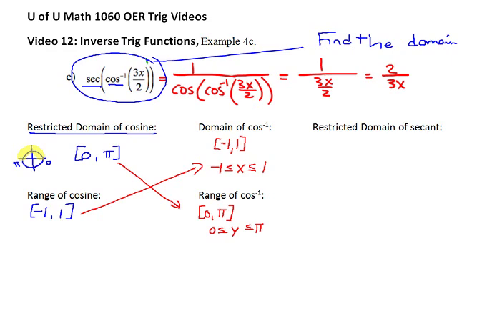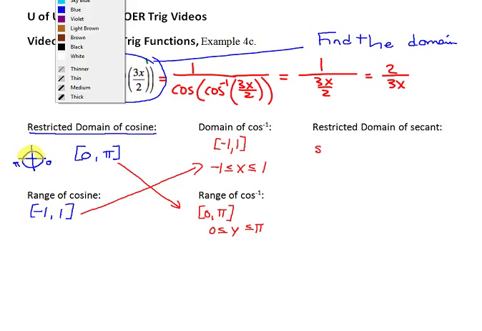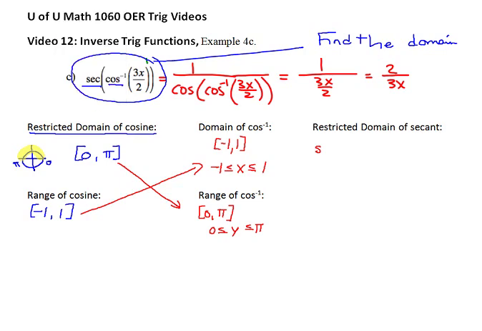Now, secant is going to be involved, and we're putting things into secant, so thinking about the restricted domain of secant is also important. Cosine and secant are related in the way that secant of some angle is equal to 1 over cosine of that angle.